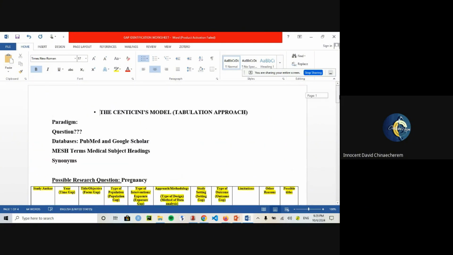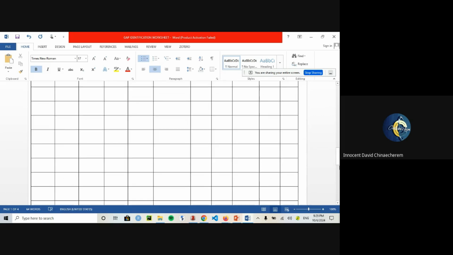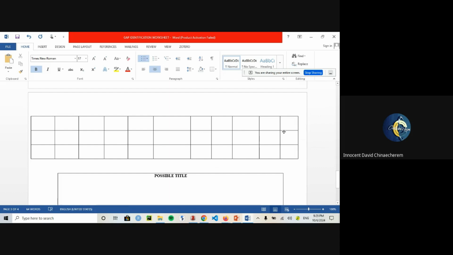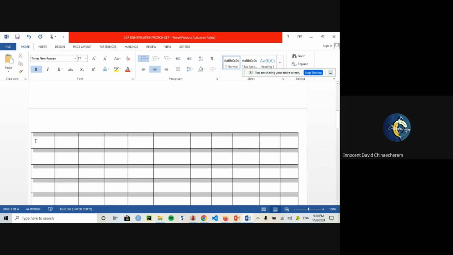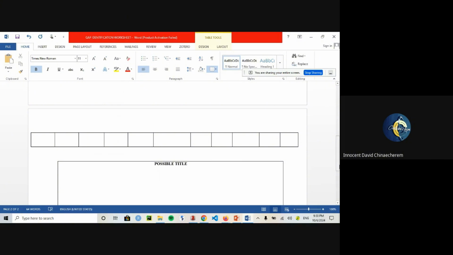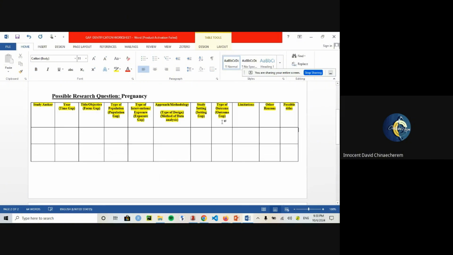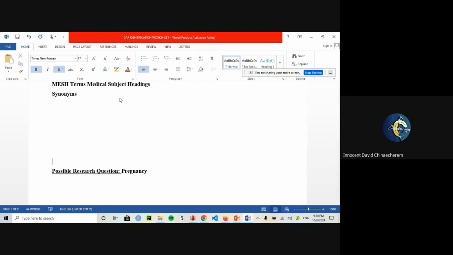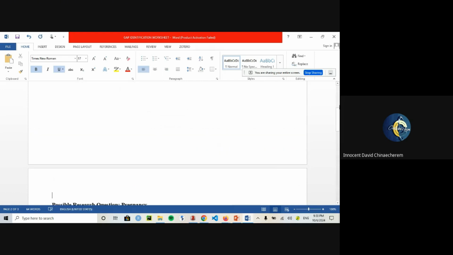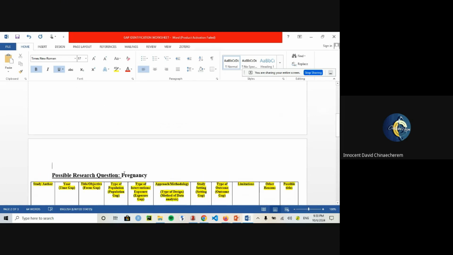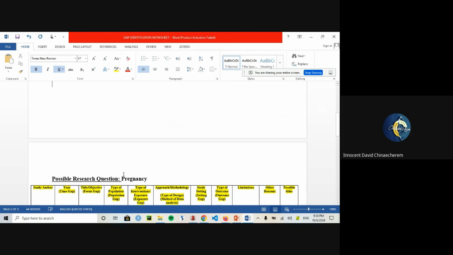So I want to be sure that I'm going to use the PEO framework.